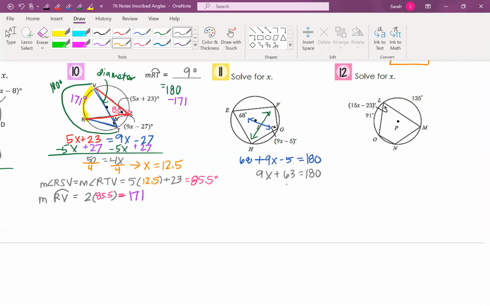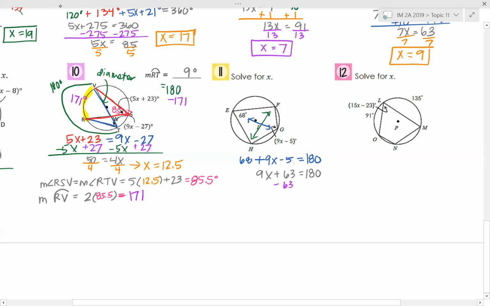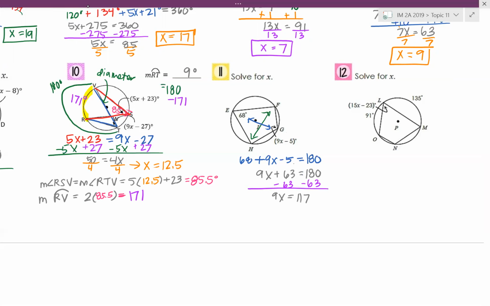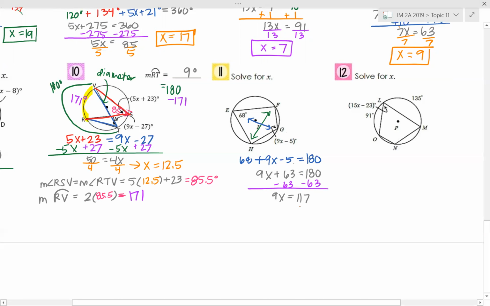If we subtract 63 from both sides, 9x is equal to 117. Again, this is just asking us for x. If we divide both sides by 9, x is 13.